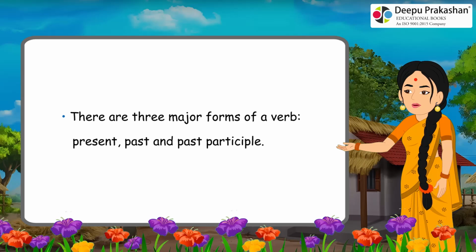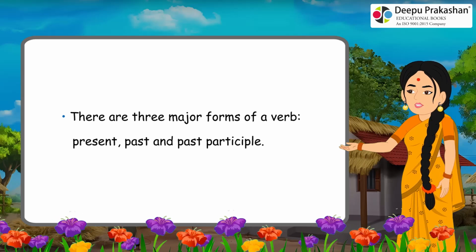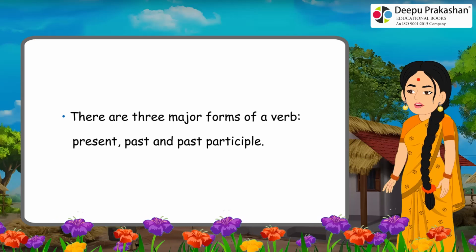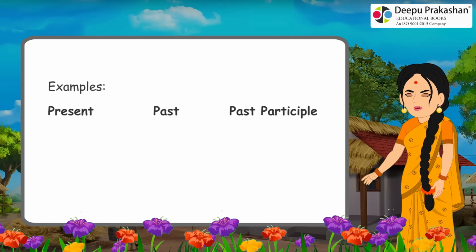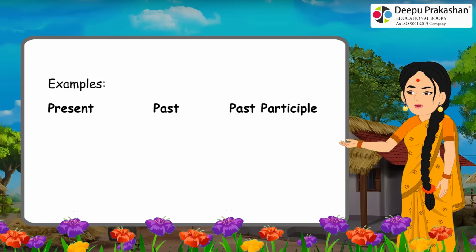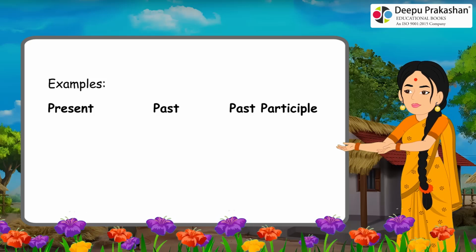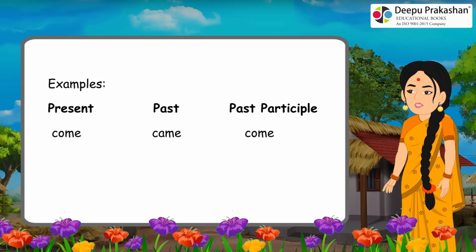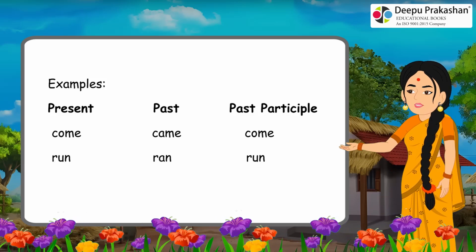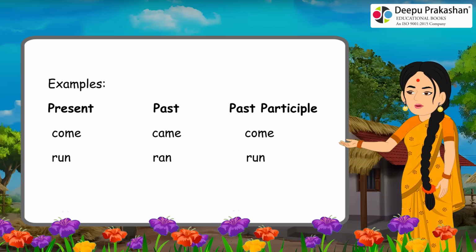There are three major forms of a verb: present, past, and past participle. Examples: present, past, past participle. Come, came, come. Run, ran, run.